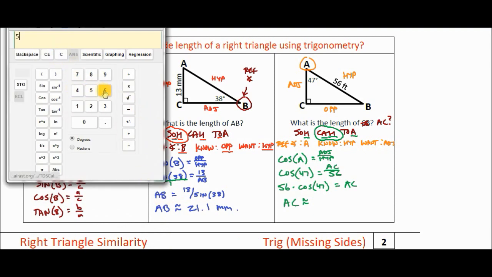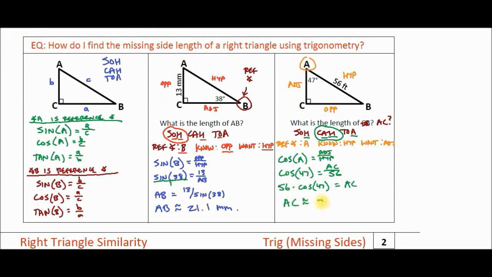It's 56 times cosine of 47, close your parentheses, equal, and our answer is 38.19. We can abbreviate that to 38.2. So AC is approximately 38.2. Our unit of measure is feet.